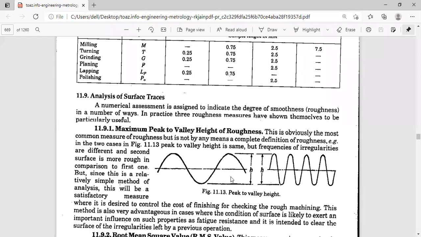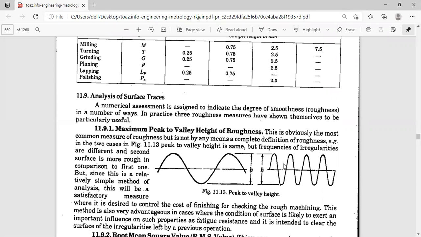But what about the frequency of irregularities? Here we have only two, and here we have four. The frequency of irregularities is different. With knowledge of this chapter, you can easily say the second surface is more rough, because whenever we have more peaks and valleys, it's rougher compared to the first one.